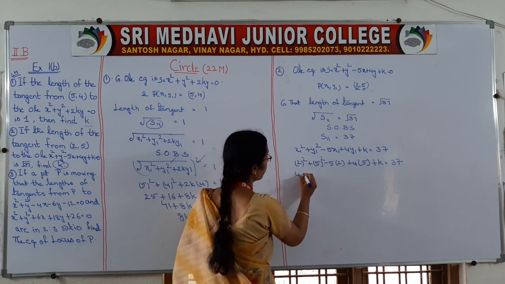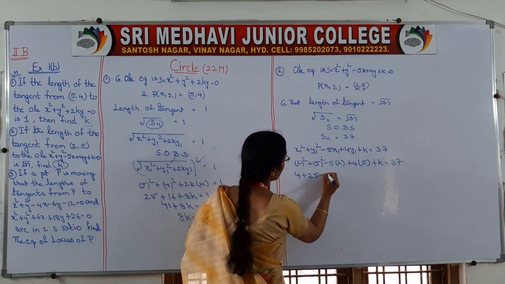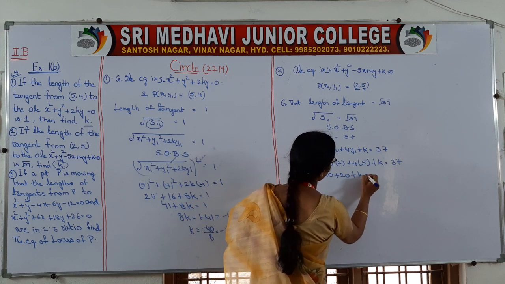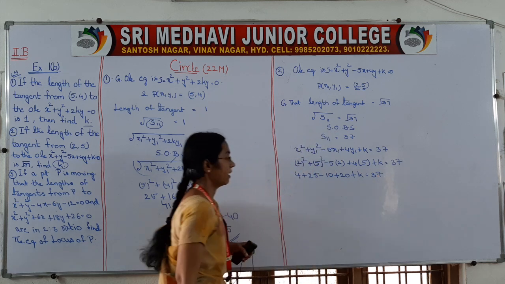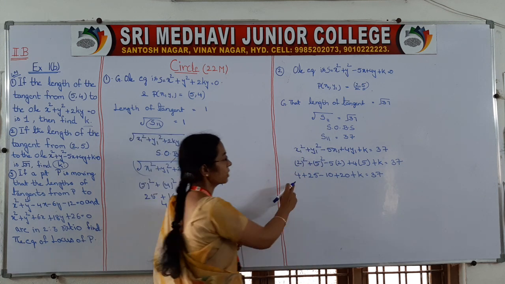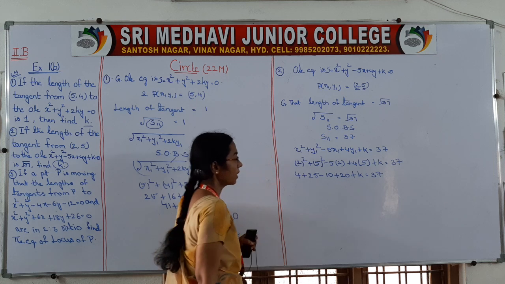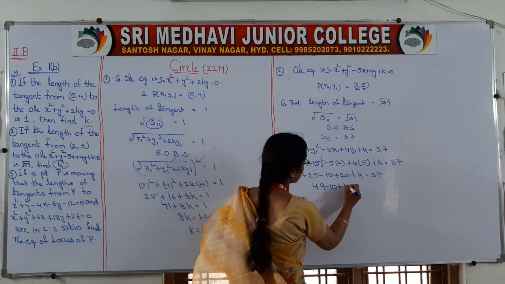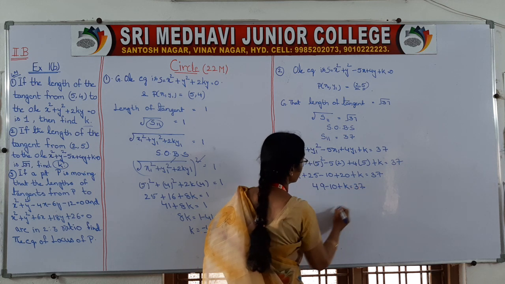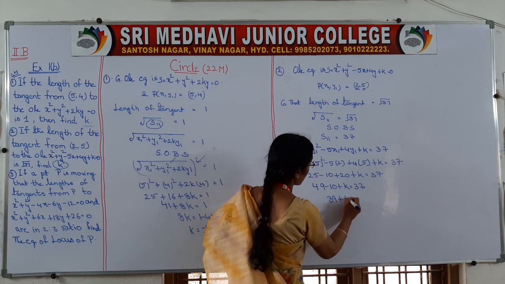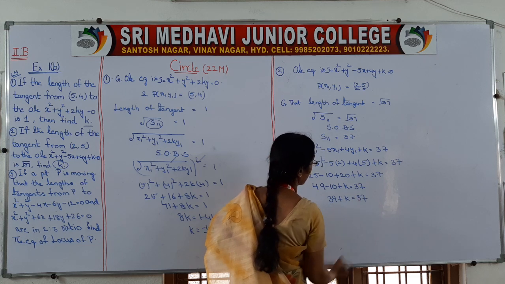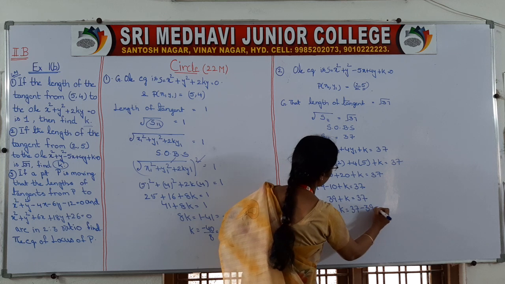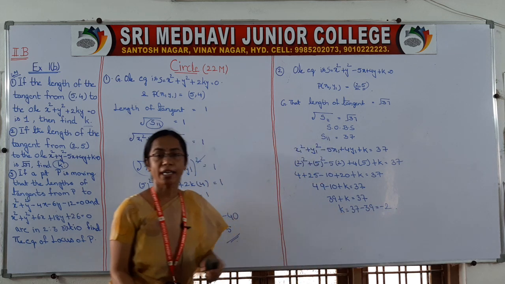So it is 4 plus 25 minus 10, 4 5s are 20, plus k is equal to 37. 4 plus 25 is 29, 29 plus 20 is 49, 49 minus 10 plus k is equal to 37. That is 39 plus k is equal to 37. Then k is equal to 37 minus 39, which is minus 2.